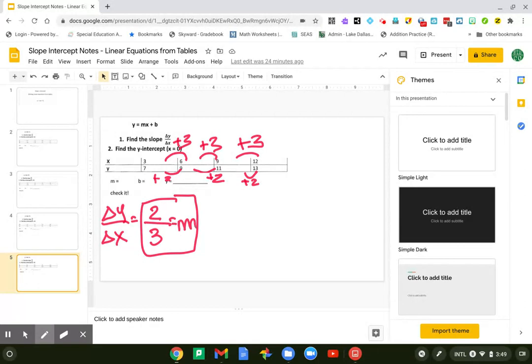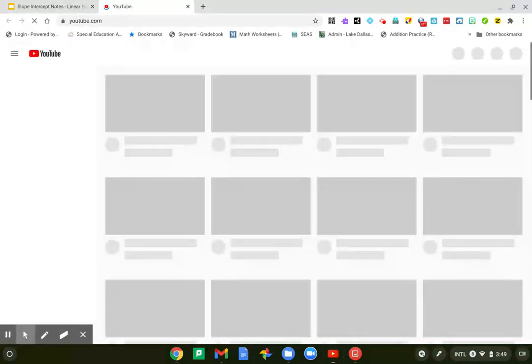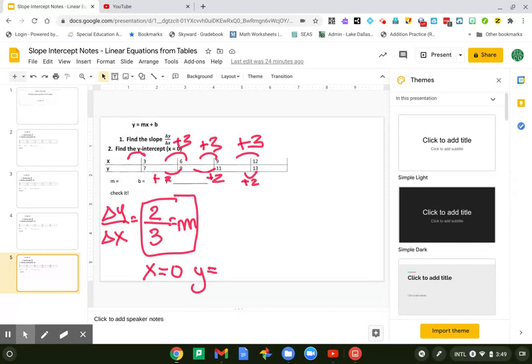I need to find out when x is 0, what is my y? Well, I don't have an x there for 0, so I need to go backwards. So from here to there, I'm increasing by 3, going the other direction, so I need to decrease by 3, and that would give me a 0.